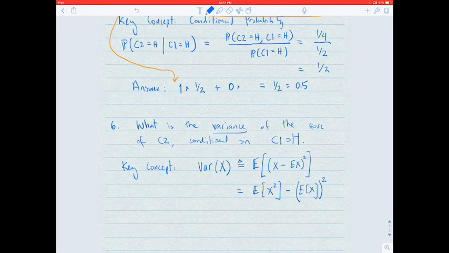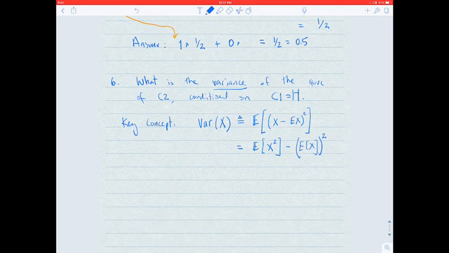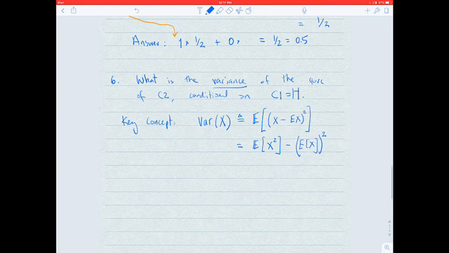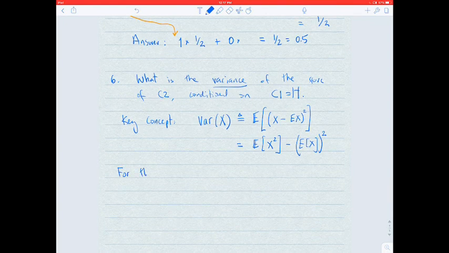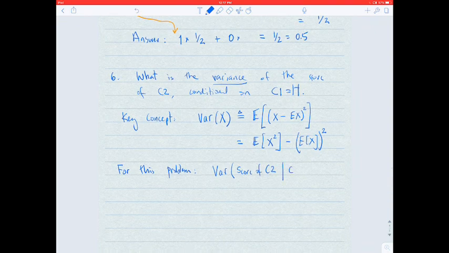Let's apply this to what we want. So for this problem, we are asked for the variance of the score of C2, that's our random variable, conditioned on the event that C1 equals heads.